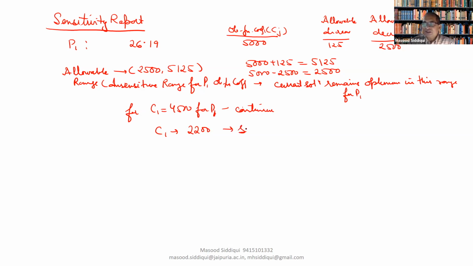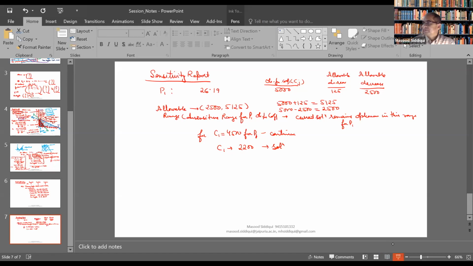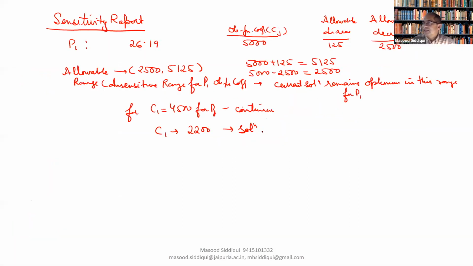So our solution becomes sensitive, which means we have to solve the problem again. You can check it also. But this is not the case if our solution remains in this range.